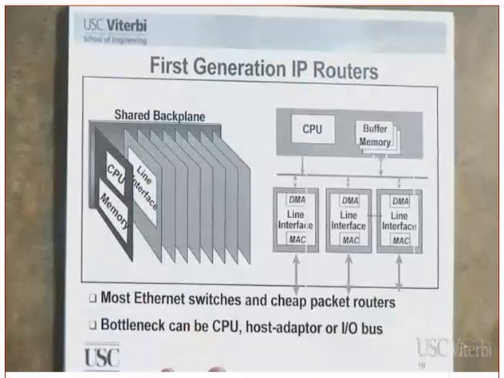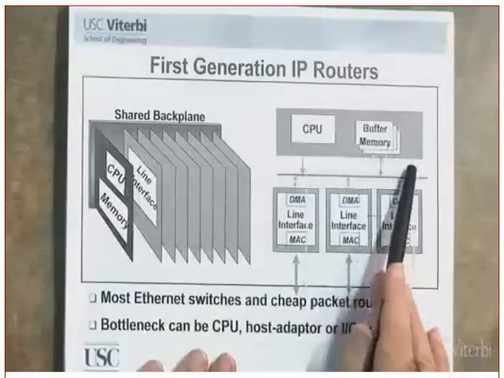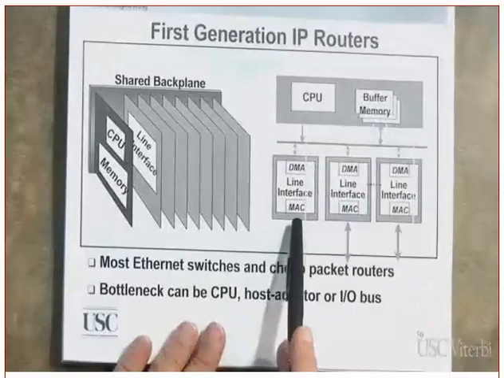That's the first generation. The second generation, what did they do in here? They added a local buffering memory. In the previous one, there was no memory in here. It's direct memory access, and everything will be stored in the central memory. Now the card includes a local buffer memory. But the plane was still a high-speed bus.